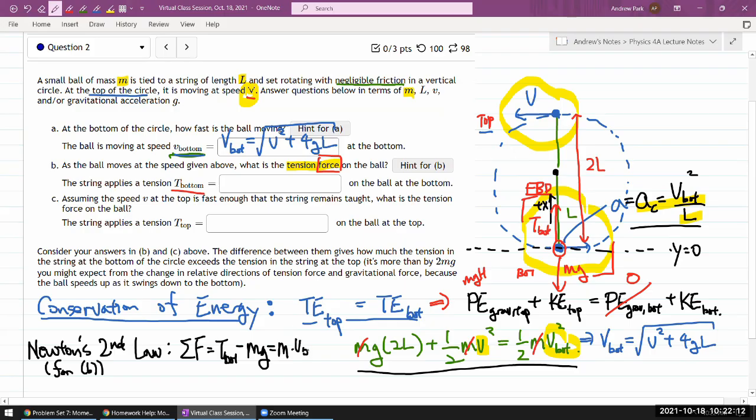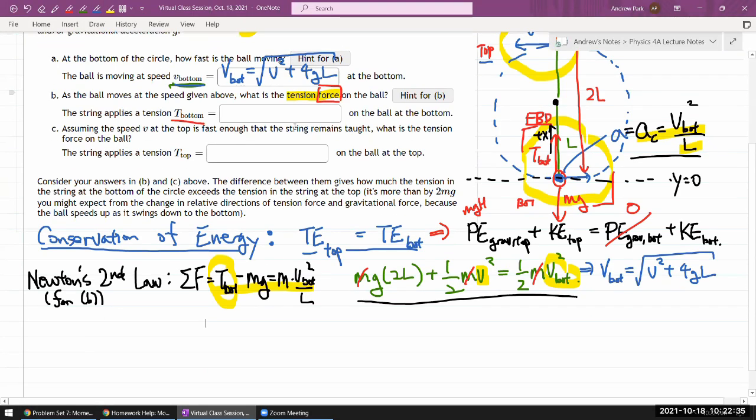Acceleration, v bottom squared over L. Okay, I think I have one equation, one unknown. So this is my one equation, and tension at the bottom is the only thing I don't know. So yeah, I think I can just solve for that. And I'll need to plug in the speed at the bottom as I'm doing that. So let me just do that.